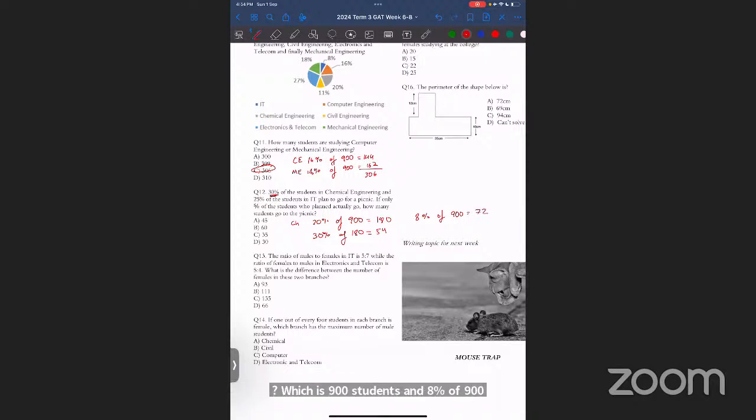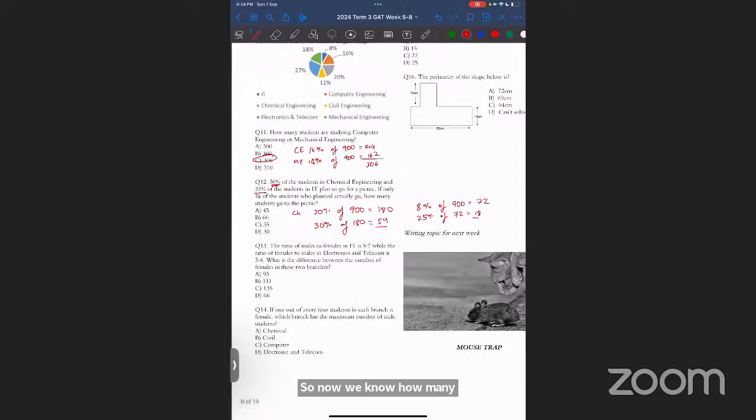Out of them, it says 25% of them plan to go. So 25% of 72 is equal to 18. So now we know how many students planned to go on the trip.